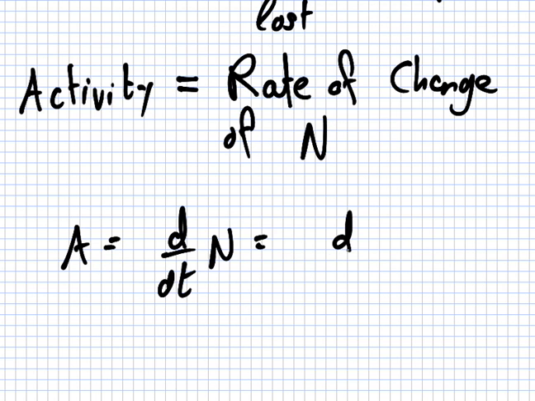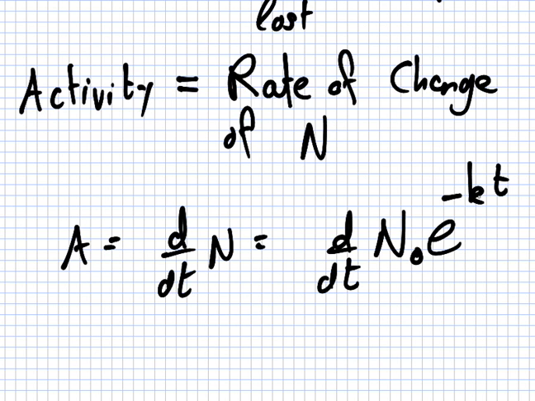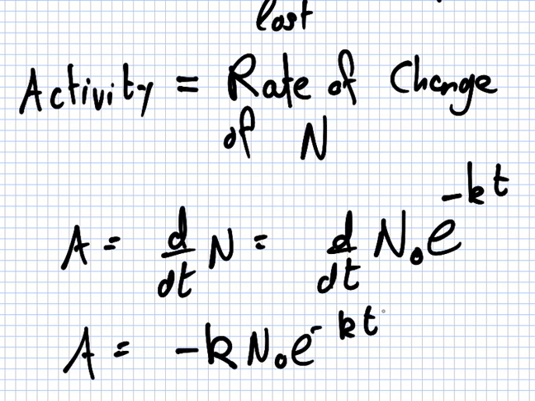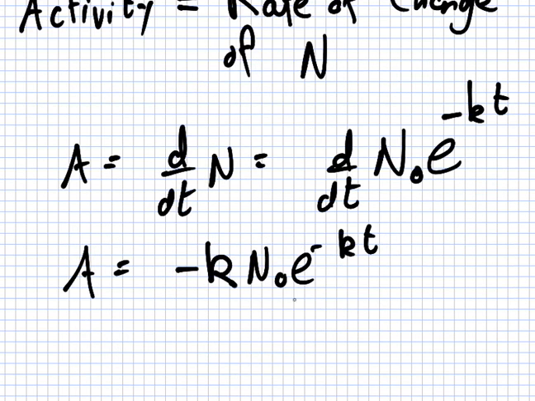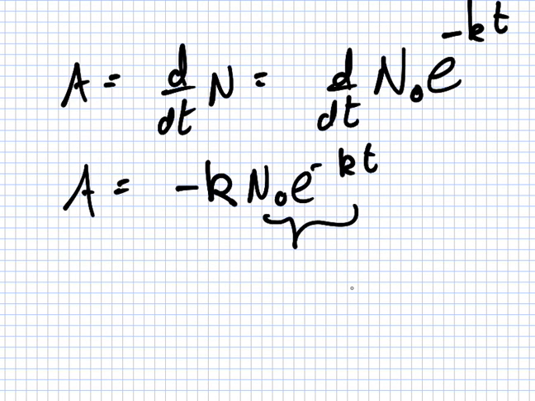But what is n? The formula for n? n0 e to the minus kt. And what's the derivative of that? Minus k n0 e minus kt. But what is this piece here? It's n again, isn't it?